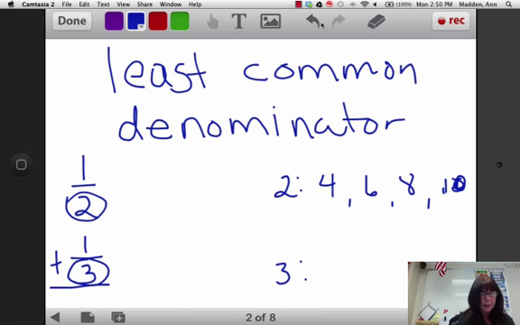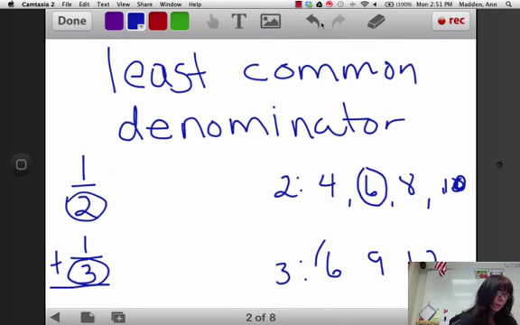Number 3, let's count by threes. 3, 6, 9, 12. I'm going to stop there. In my list of numbers for 2 and 3, do I have a number that is common to both of them? Yes, I do. I see the 6.